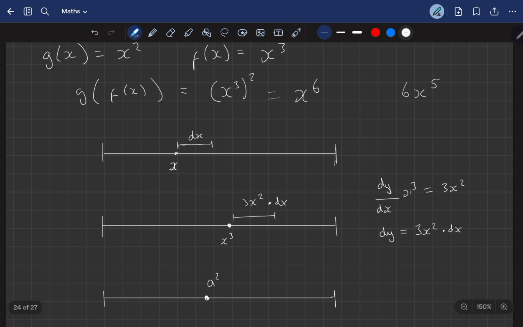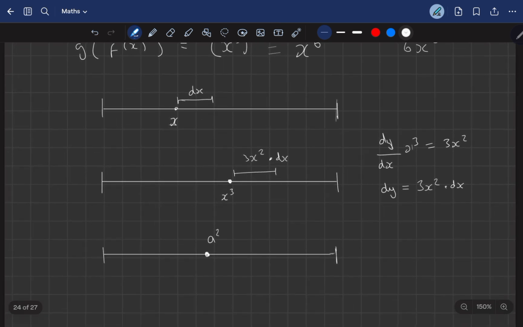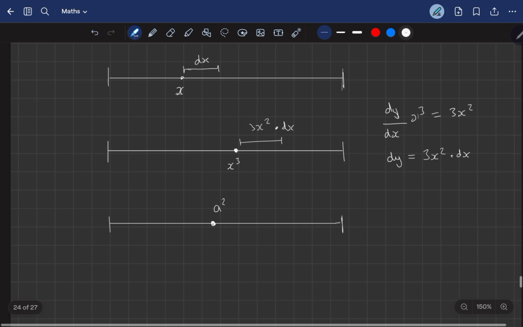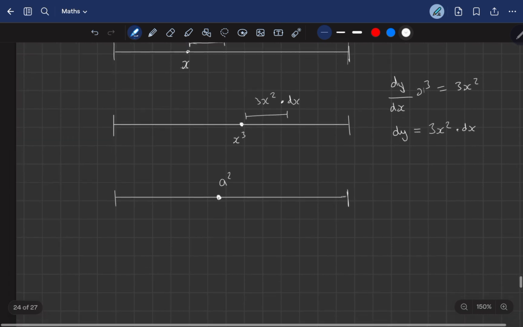Okay? Now, here we have a number line which maps a squared. What happens to the output of this function, or what happens to the change on the length of the number line when we shift a by a very small amount? It's the same idea. What is the change in a squared for a small change in a?